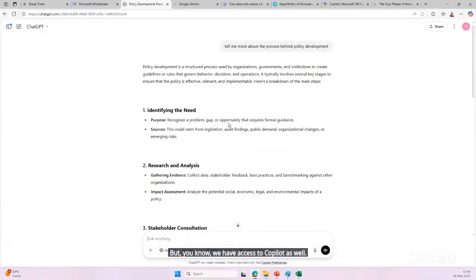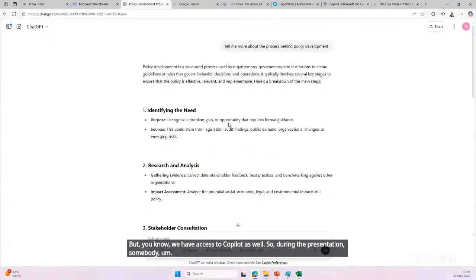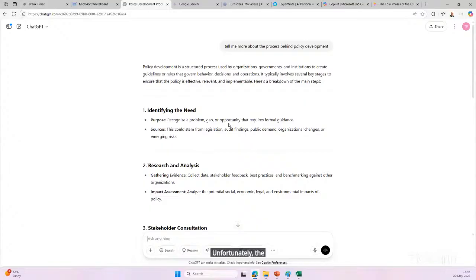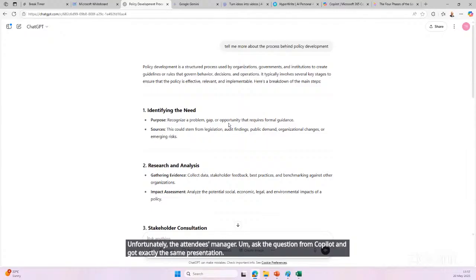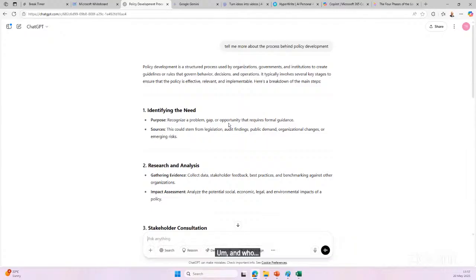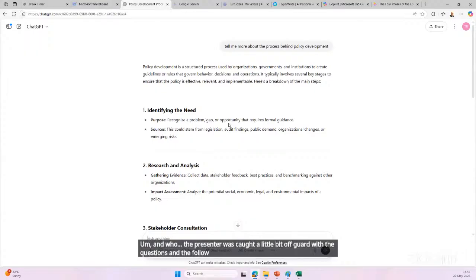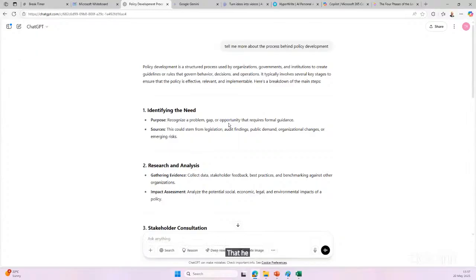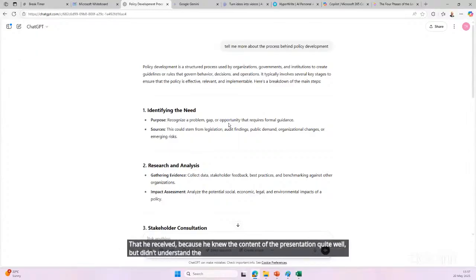So during the presentation, somebody, unfortunately the attendee's manager, asked the question from Copilot and got exactly the same presentation. And the presenter was caught a little bit off guard with the questions and the follow-up questions that he received, because he knew the content of the presentation quite well, but didn't understand the process behind the creation of the presentation, didn't understand the nuances of the numbers that he was reporting.